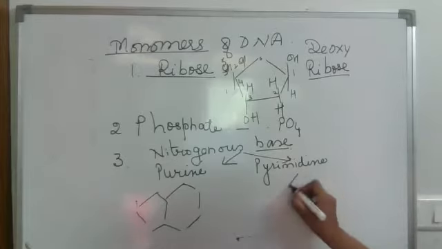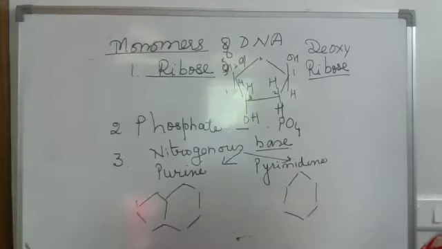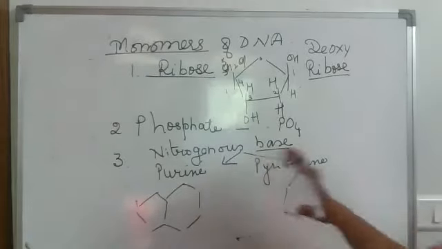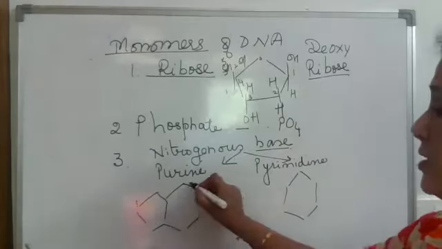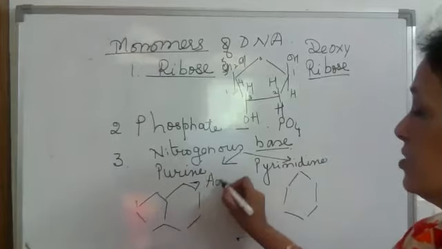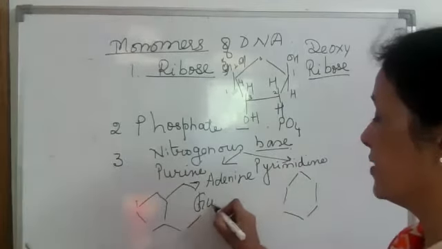And pyrimidines are made up of just 1 heterocyclic ring having nitrogen compounds in it. So purine or pyrimidine both are made up of heterocyclic rings of the nitrogenous compound. Now purine is of 2 types, adenine and guanine.